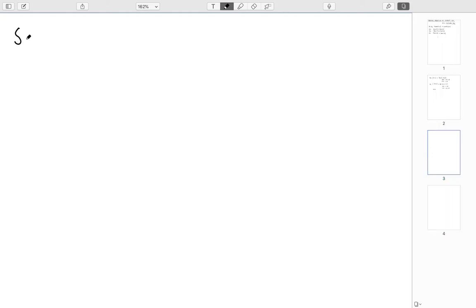So a signature is going to be a pair consisting of two collections of data. The first one is the set curly F of function symbols, and the second one is the set curly P of predicate symbols.